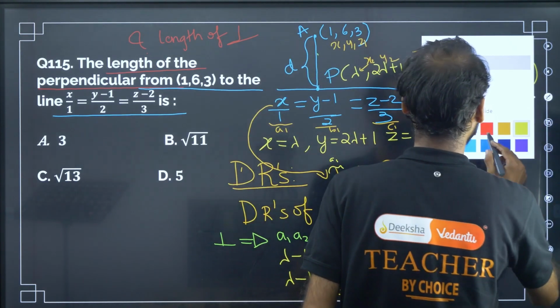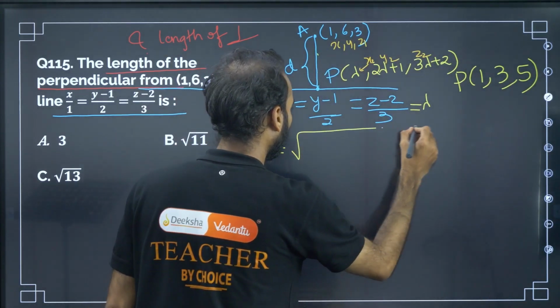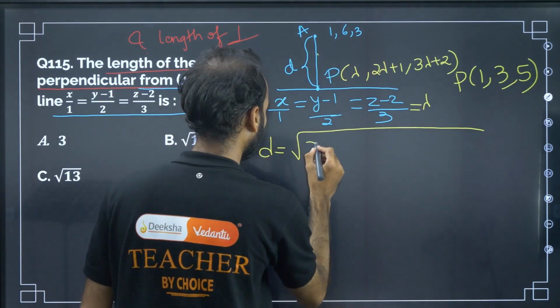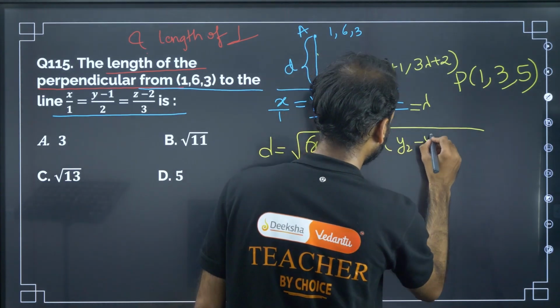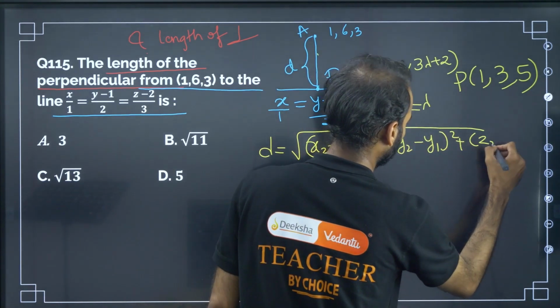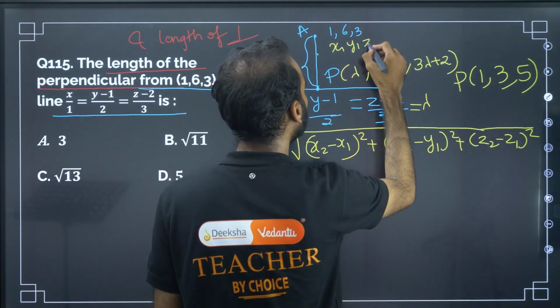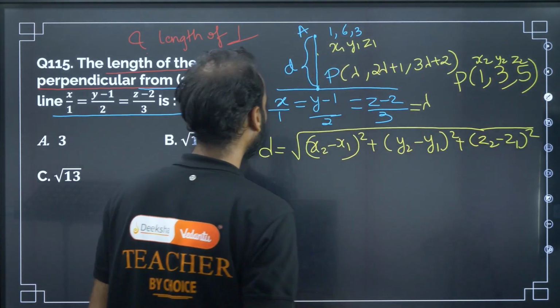Now d is equal to the distance formula, for points x1 y1 z1 and x2 y2 z2, the distance between 2 points.